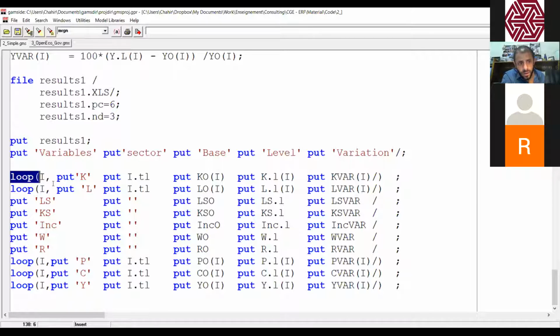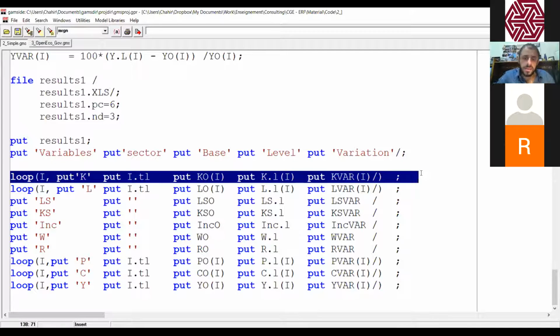Okay? Which means that for this loop command that I have here, we're going to have two lines in this table. A line for agriculture and a line for industry, right?